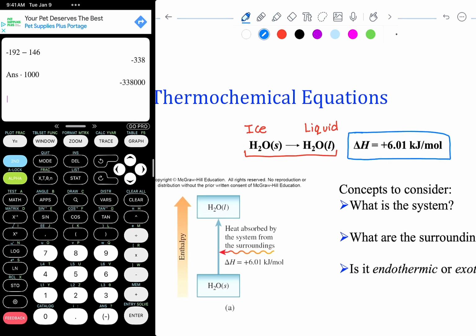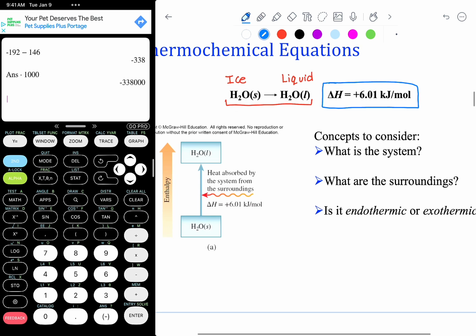When we're looking at these thermochemical equations, we have to answer a few questions about it. We first have to consider, what is the system? Well, we define the system as the reaction or the portion of interest where we are measuring the heat. So in this, what is the system?